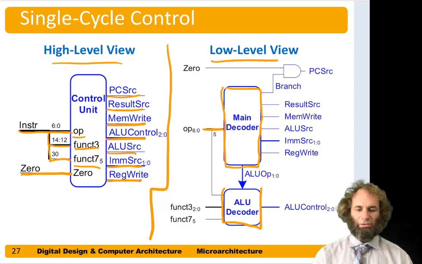An ALU decoder that looks at the type of ALU instruction, the type of R type instruction, and generates the appropriate ALU control. And then PC source logic that looks at when we're doing a branch and the result is 0, so values are equal, then tells us that we should do the branch. So we'll design each of these 3 blocks in turn.